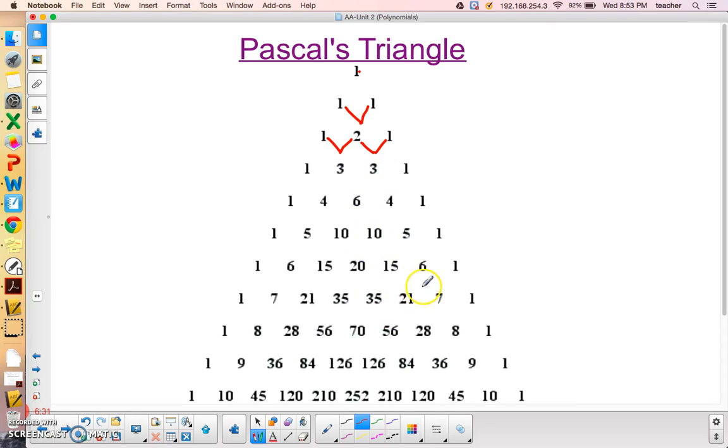And so even if you go down here, I can look at 15 plus 6, and that's where this 21 comes from. And so once you begin this using 1s, then it's just a matter of adding and writing the answer and always filling in 1s along the edges. Try it on your own paper and verify that it comes out the same way.